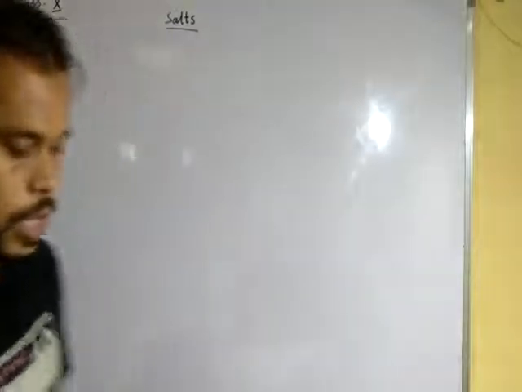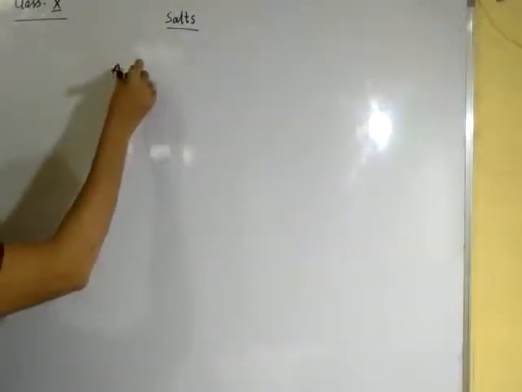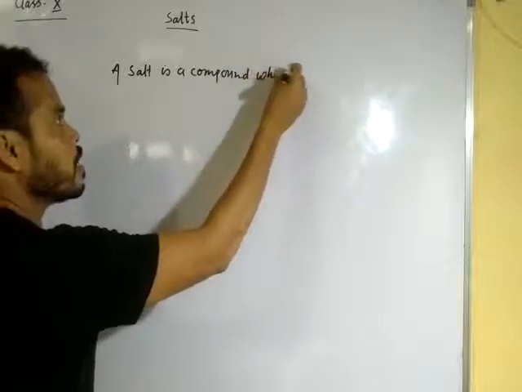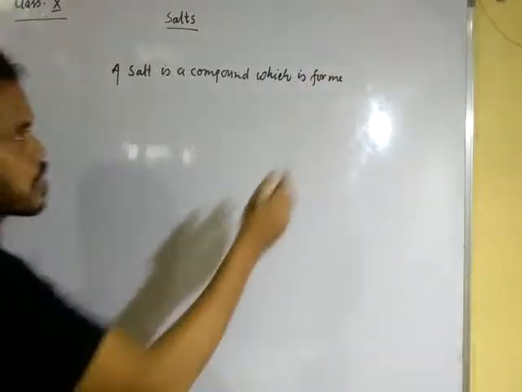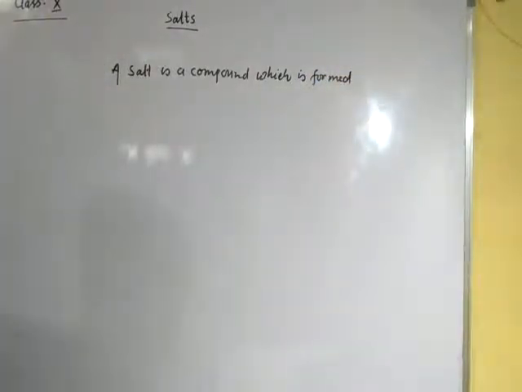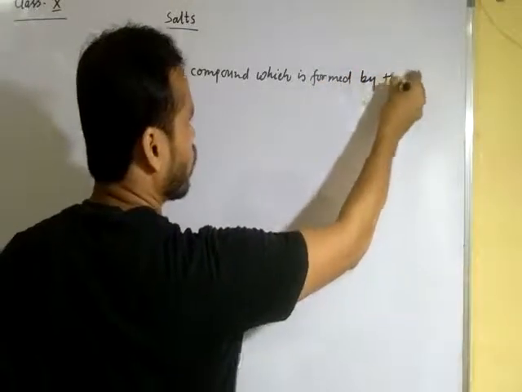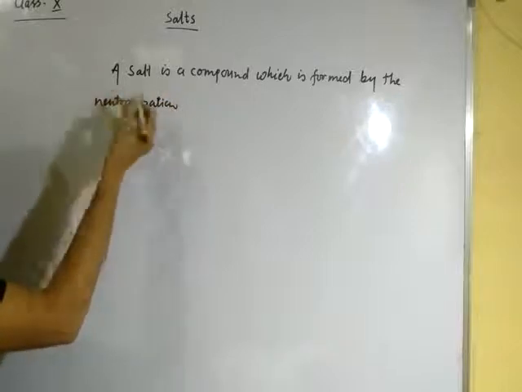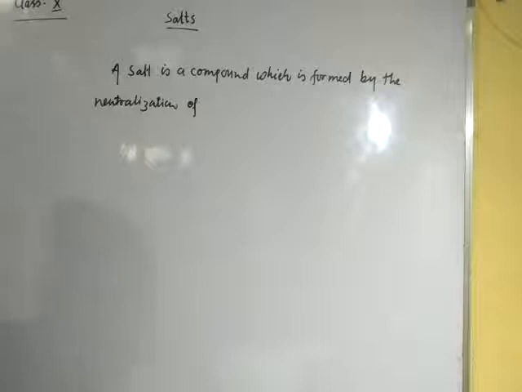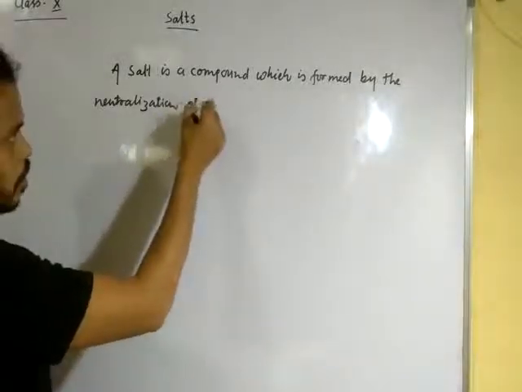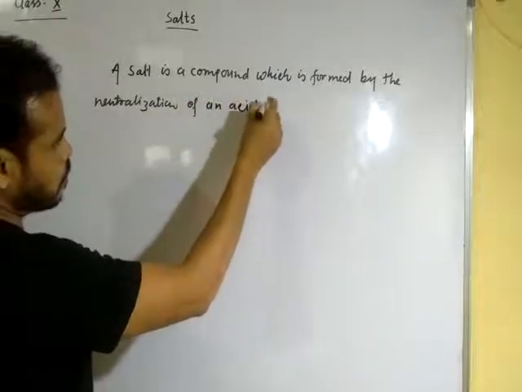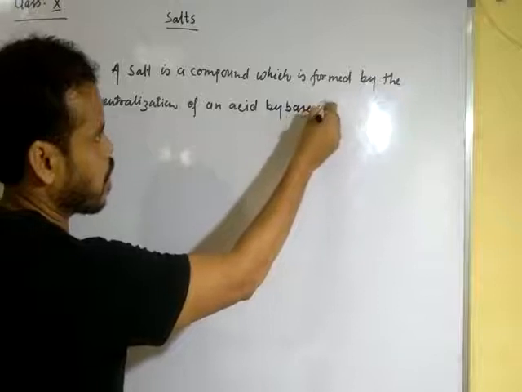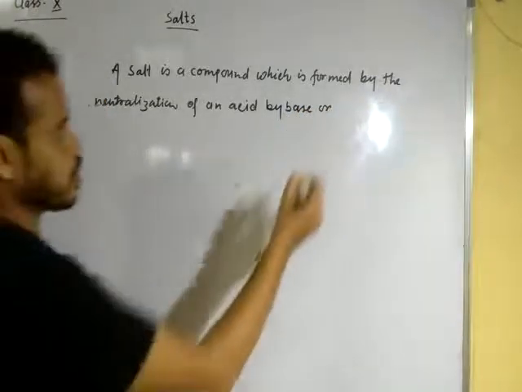So the definition is: a salt is a compound which is formed by the neutralization of an acid by base, or vice versa.